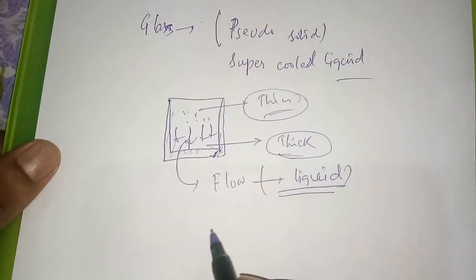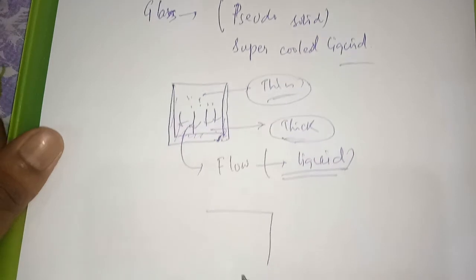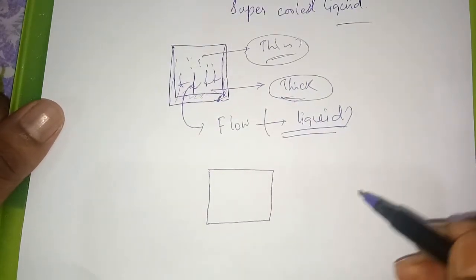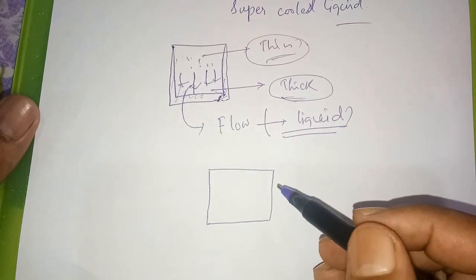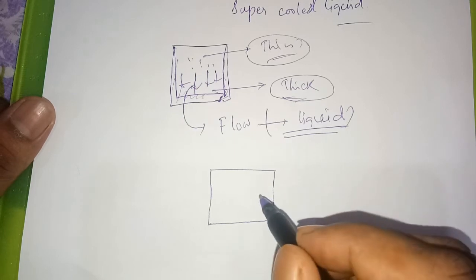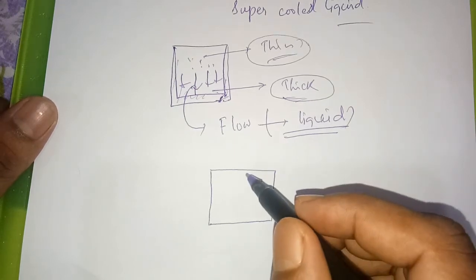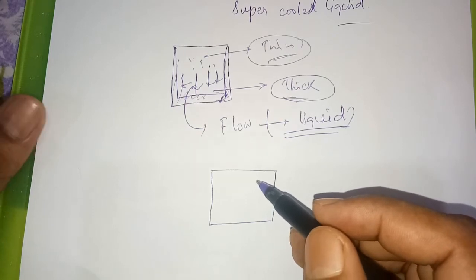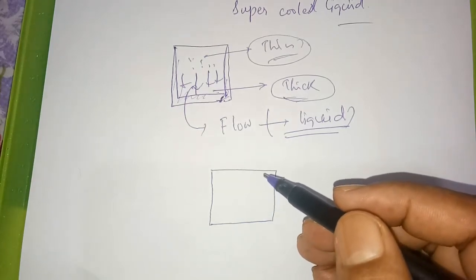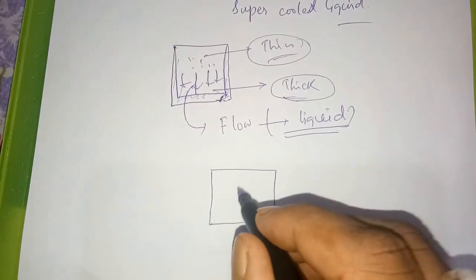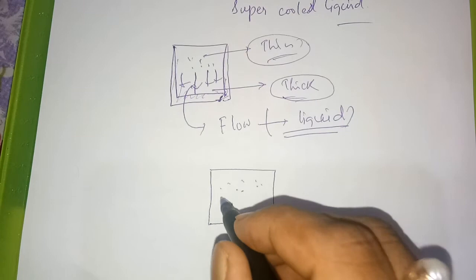Another point, student, I want to tell you: we are saying that glass is amorphous. But what happens after some time, for example after 1 year, 3 years or 4 years, you will see that initially the glass is transparent, but after 3-4 years it becomes translucent. The reason is that glass is made of amorphous substance, there is no problem.